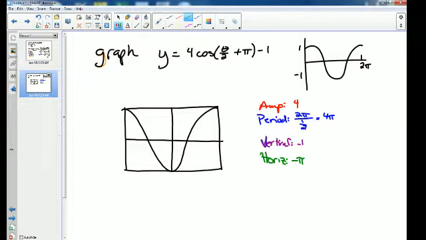So number 1 is vertical, correct? Yep. What's next?